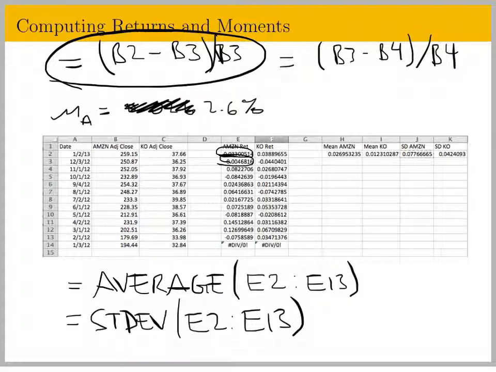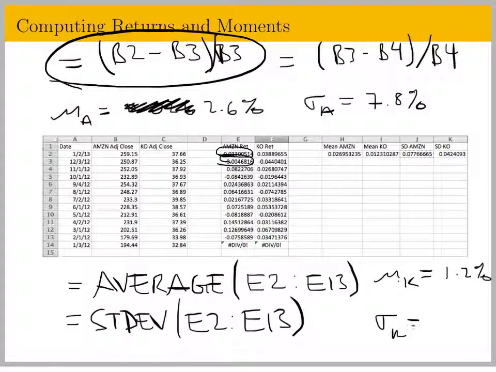So 2.6% with a standard deviation of about 7.8%, whereas, I'm running out of space here, my eraser is not working, mu of Coke is equal to 1.2% with a standard deviation of about 4.2%.